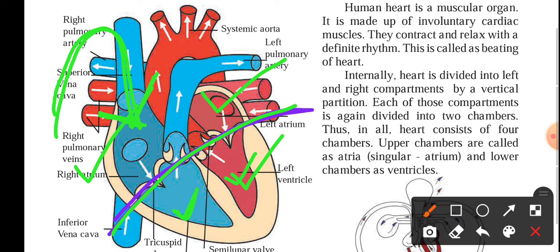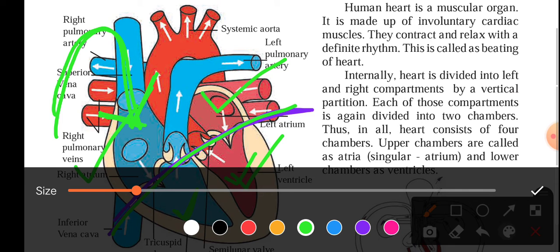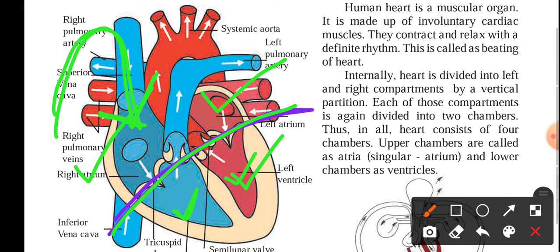When the blood enters the right atrium from the entire body, after that it goes into the right ventricle. From the right ventricle, it goes to the lungs.